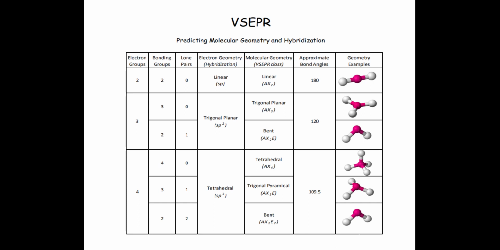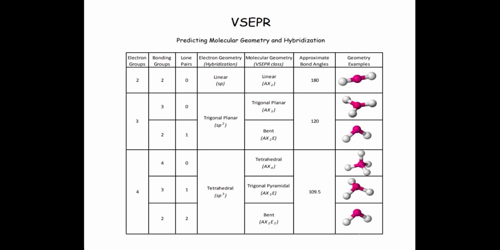So I want to begin by showing you this table. I'll show you a few tables, and I'll point out some important things in them. The first thing is you have these columns: electron groups and bonding groups.